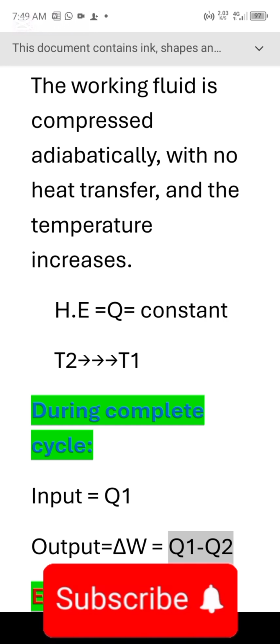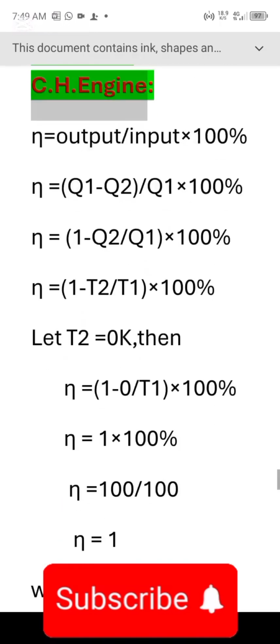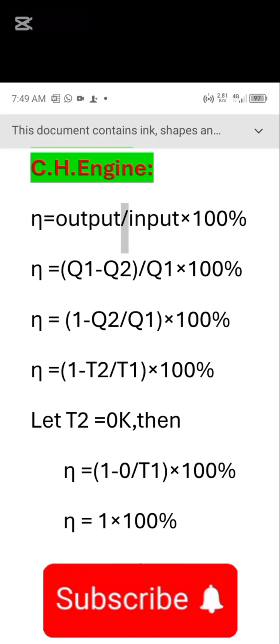Efficiency of the Carnot heat engine. η equals output divided by input times 100%, which equals (Q1 minus Q2) divided by Q1 times 100%, which equals (T1 minus T2) divided by T1 times 100%.